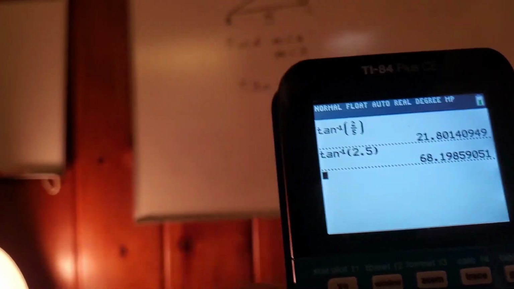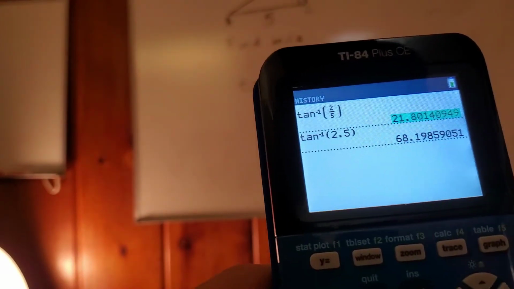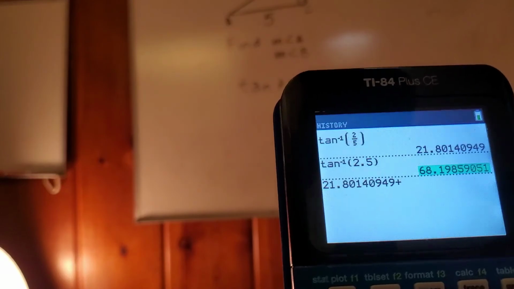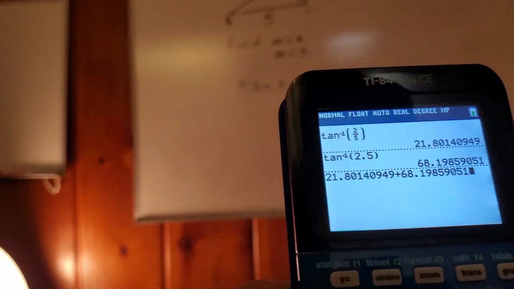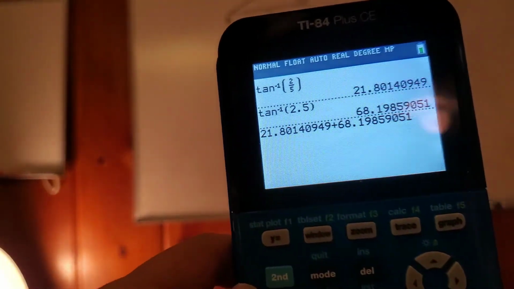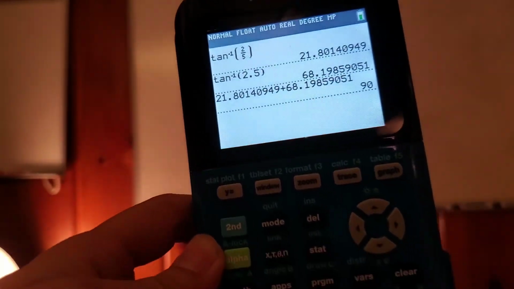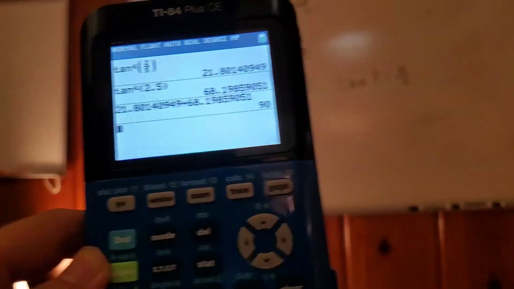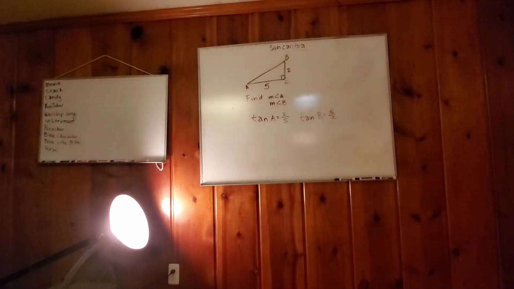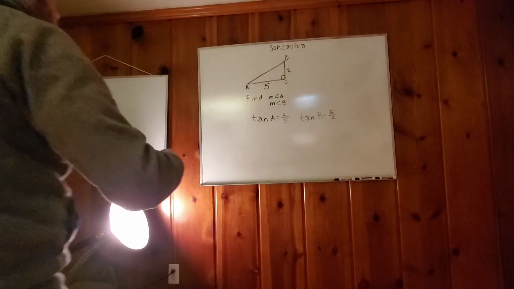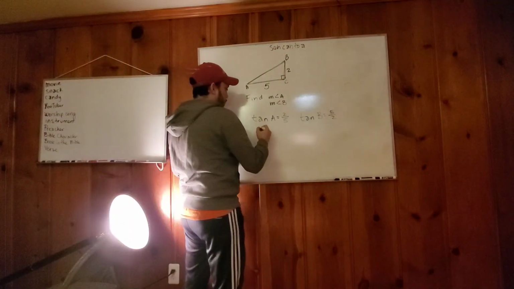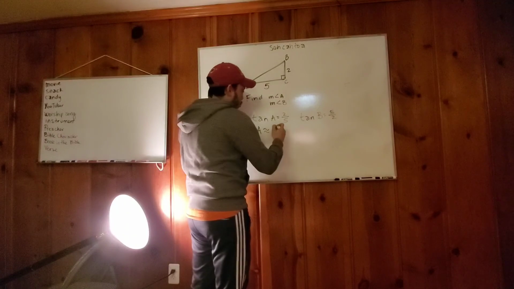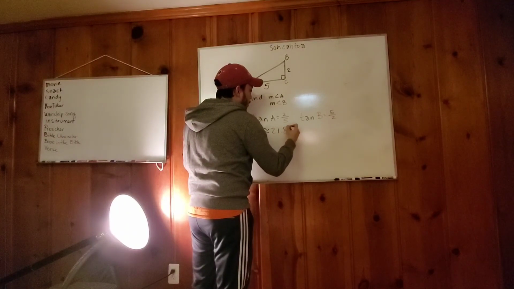Now, if you want to see something really weird, if I add 21.801 and whatnot plus this number right here, what number do you think I should get? 90? Boom, 90. Because they should equal 90 degrees. That's how I know I got them right. And so my answers are, for angle A, it's about 21.8 degrees.